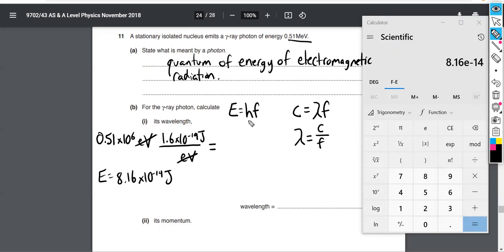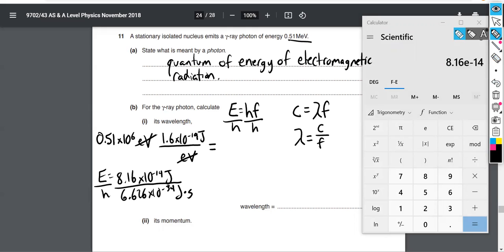So the frequency is just going to be E divided by h. Since I've already got E here, let's just divide it by h. Planck's constant is 6.626 by 10 to the negative 34. I think in ACE physics, they round this to 6.63, so that's fine if you do your calculation with 6.63.